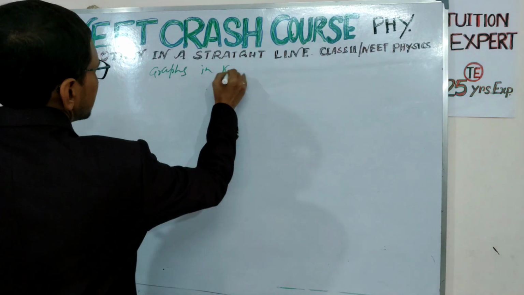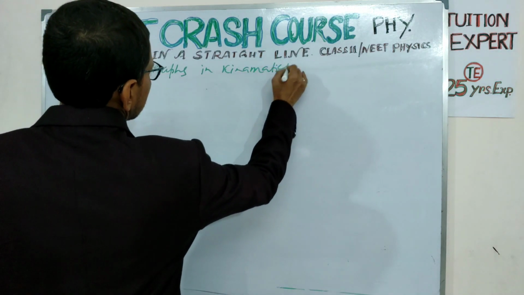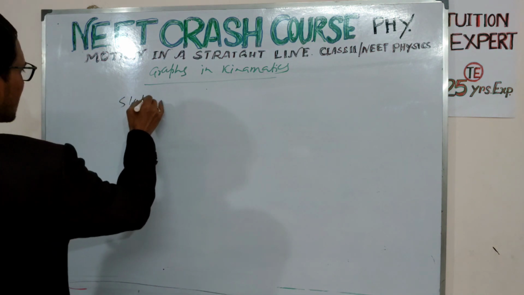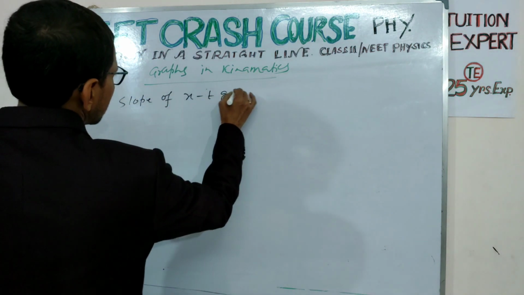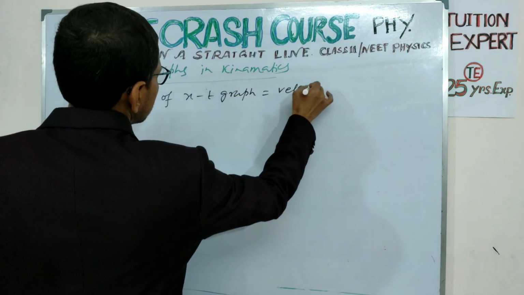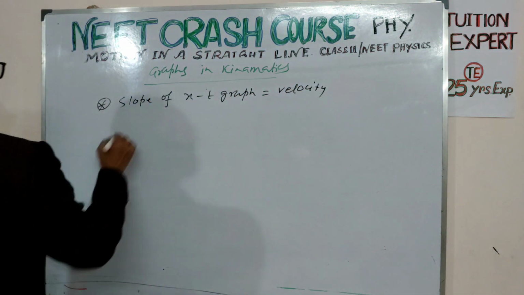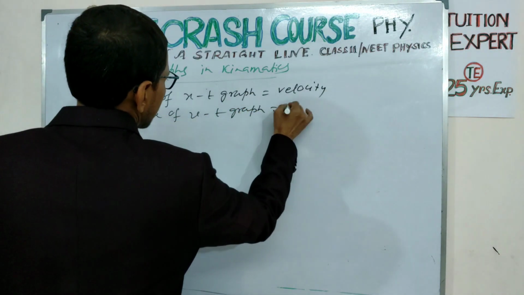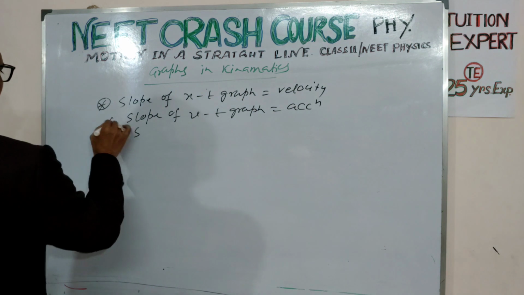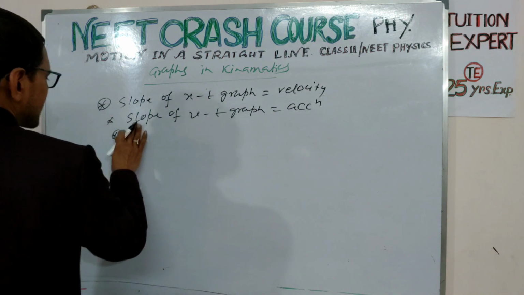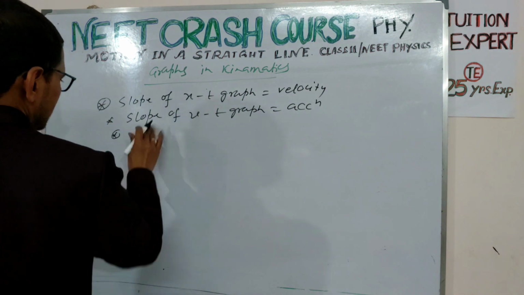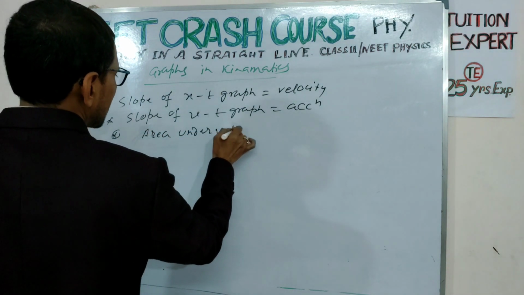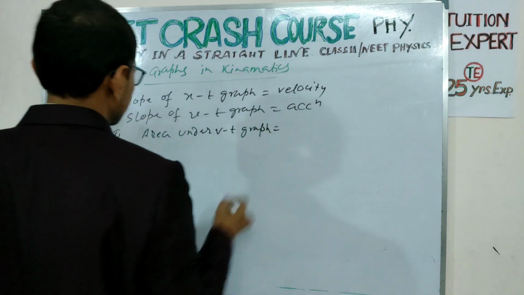Graphs in kinematics, that is motion in a straight line. So here first you have to know the formulas: slope of the xt graph equal to velocity, slope of the vt graph equal to acceleration, area under the vt graph equal to distance traveled.